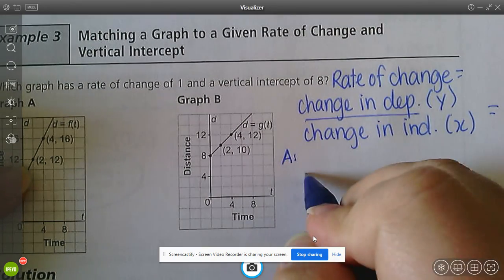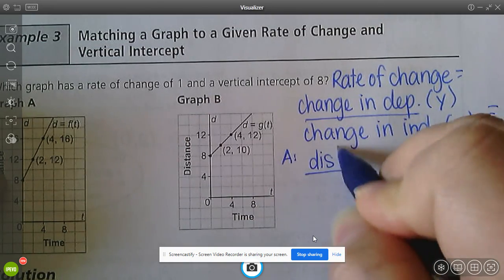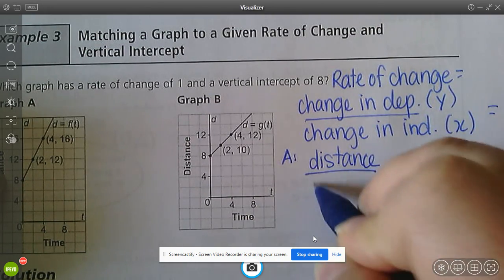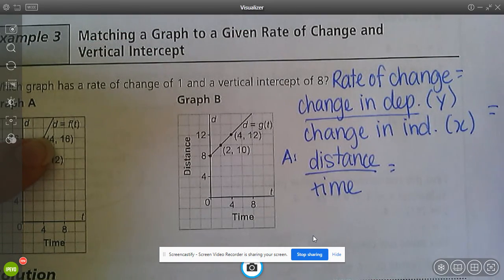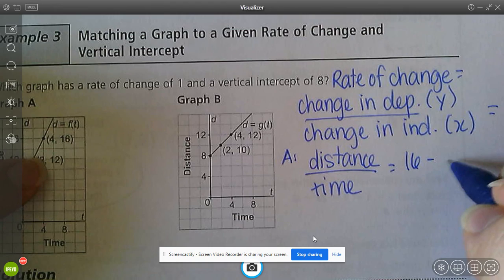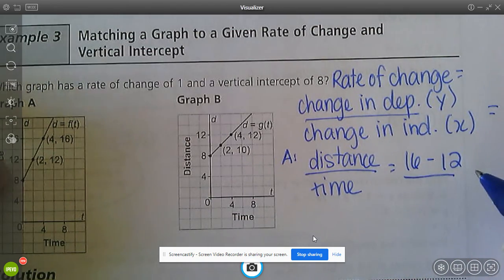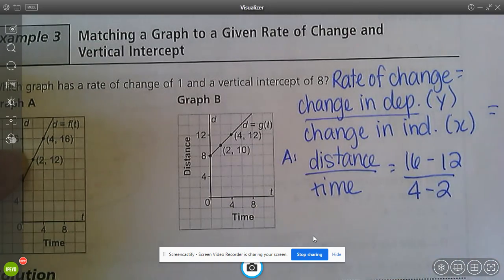All right, in this case, that means we're going to have distance over time because those are our values here. So let's look at our two y points. The top point is 16 minus the bottom point, 12. And then for my x values, my second point is 4 and my first point is 1.